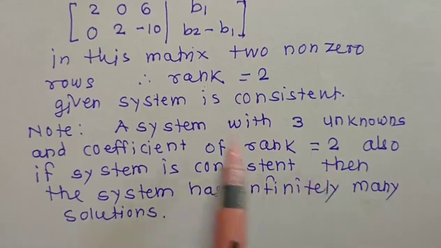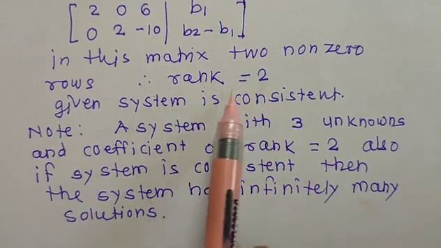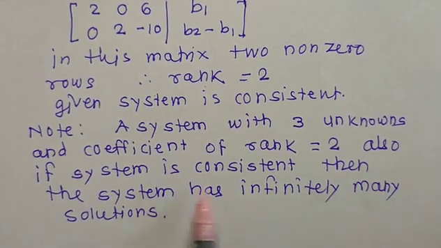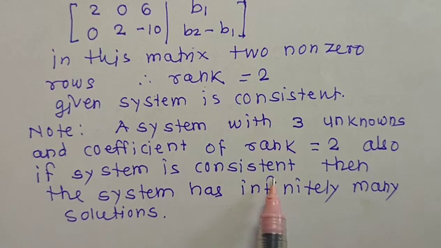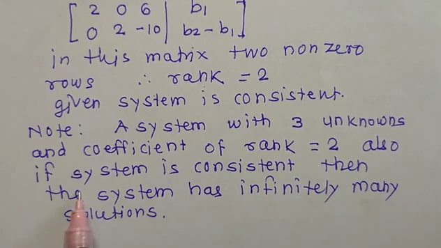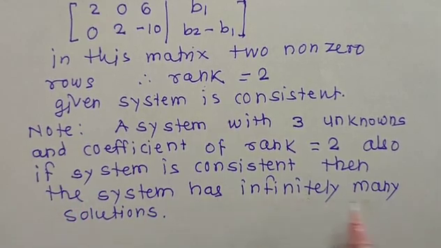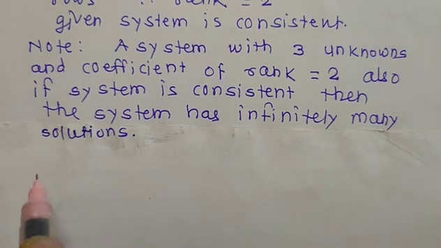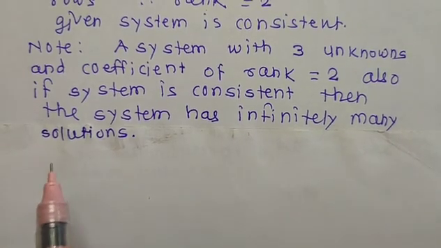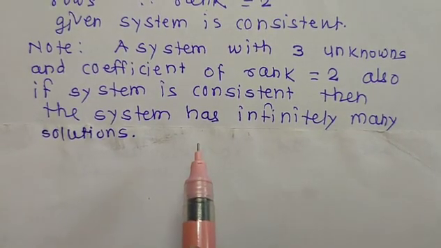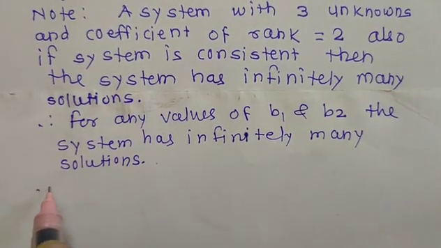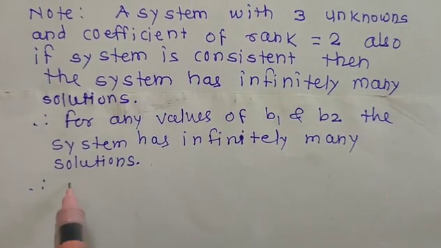We have seen the rank of the coefficient matrix is 2. Also, if the system is consistent, then there is a rule, the system has infinitely many solutions. Okay. So therefore, for any value of B1 and B2, the system has infinitely many solutions. Therefore, the correct option is D.